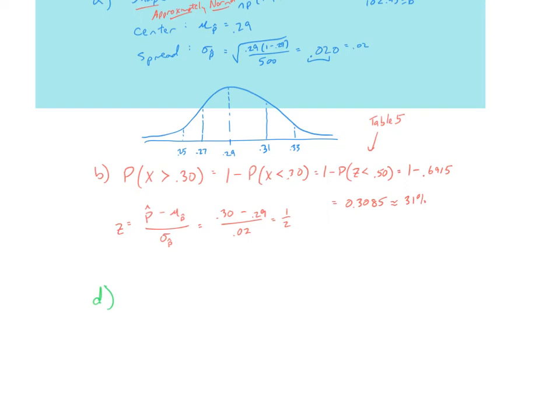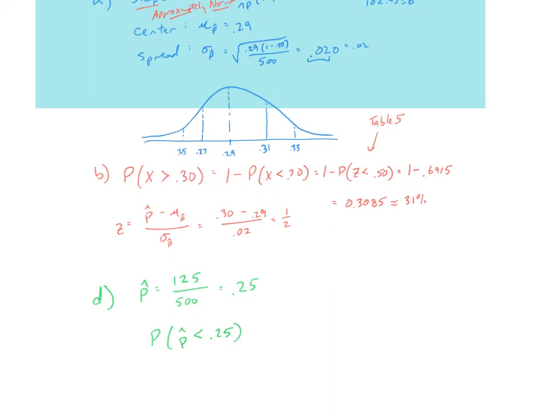Part D. First, I need to find the p-hat in this problem because I was only given 125 out of 500 people. So we just have that one extra step in this part of the problem, and that's 25%, 0.25. So now we can say, all right, what is the probability that p-hat is less than 0.25?